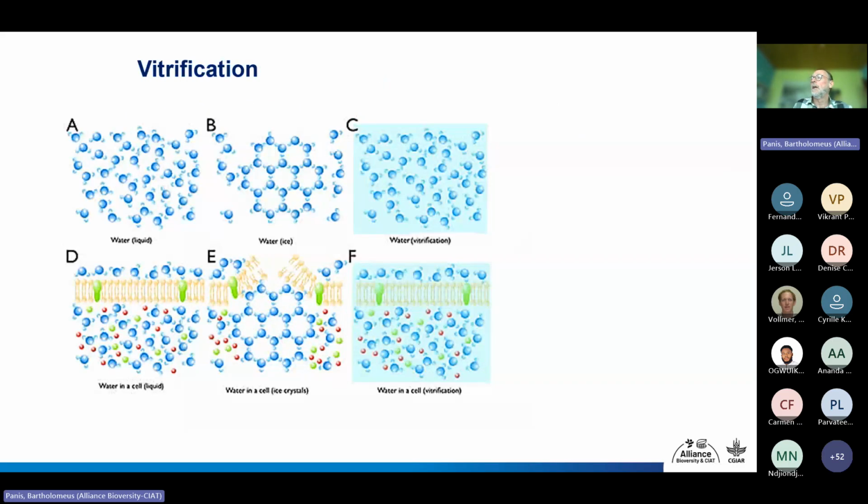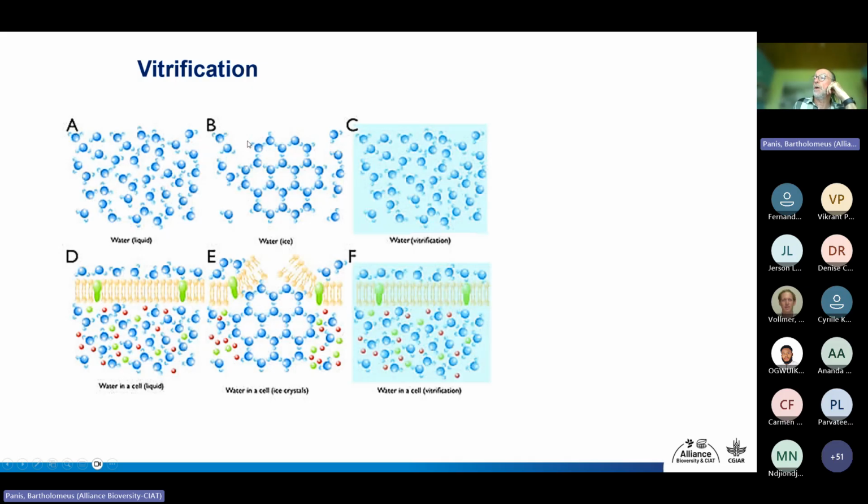You see here on the left, number A, this is water. Water, you know, these are molecules which are moving in a chaotic way, and your water is liquid. When you decrease the temperature, you have the formation of ice crystals.